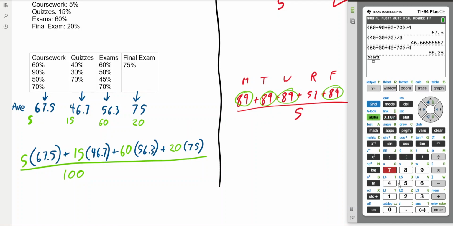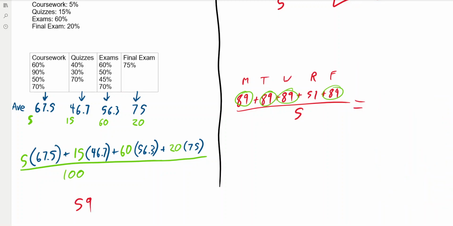So it is 67.5 plus 15, and then in brackets 46.7 plus 60, 56.3 plus 20, 75 over 100%, and we get 59.16% as the overall mark for this student.